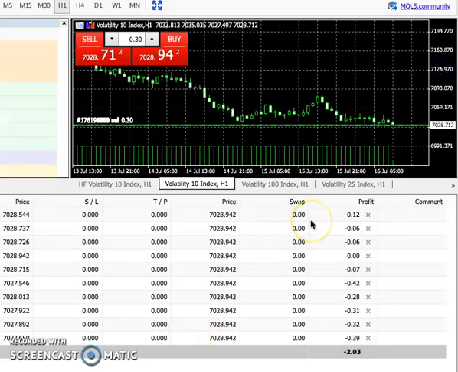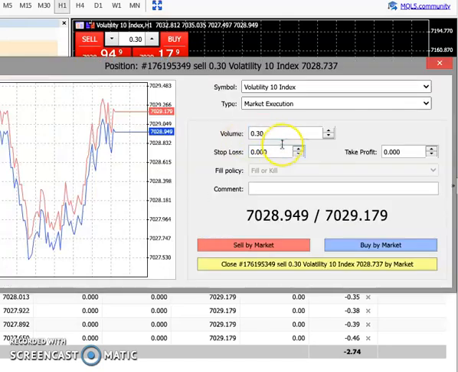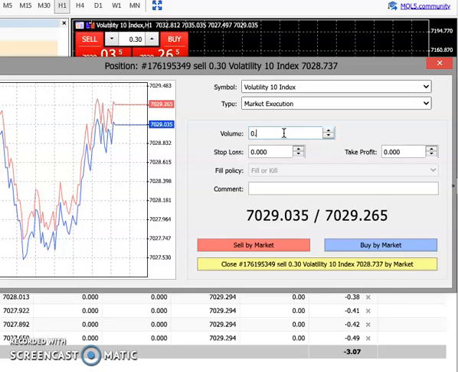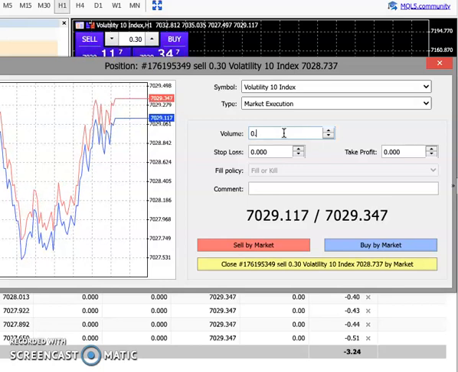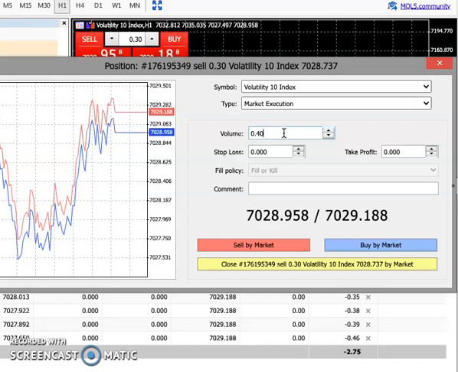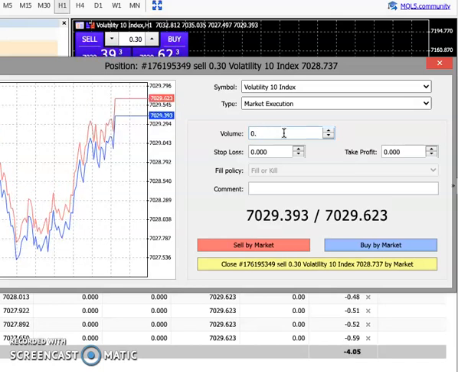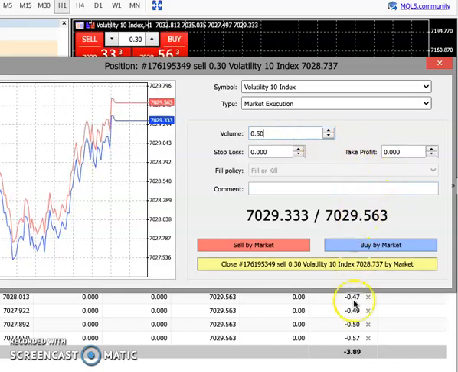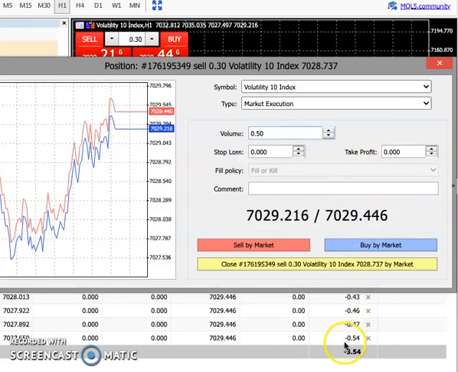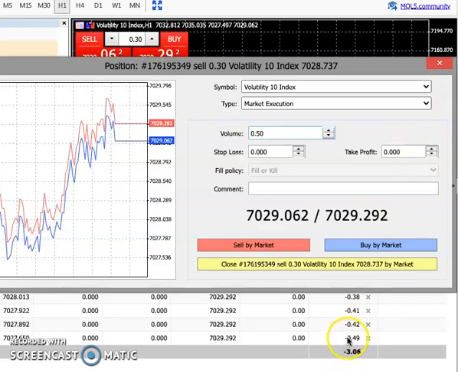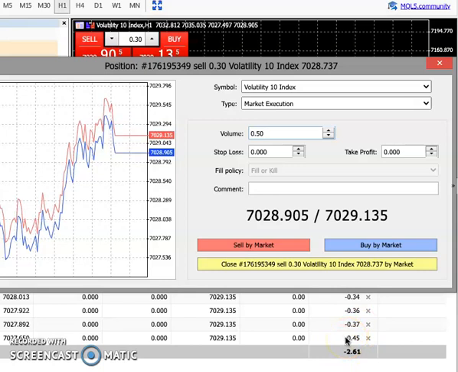If the trend continues, then I will bump my lot size. I'll open 9 trades on a 40 and then 1 trade on a 50, so there'll be a difference. When I open it on a sell, it will go straight on a minus.